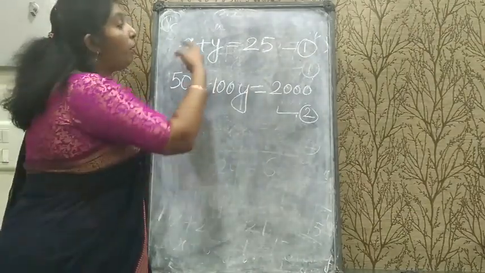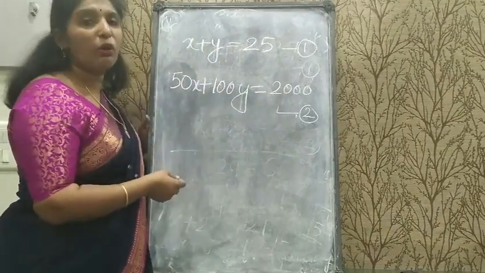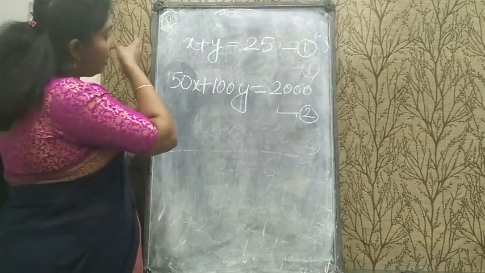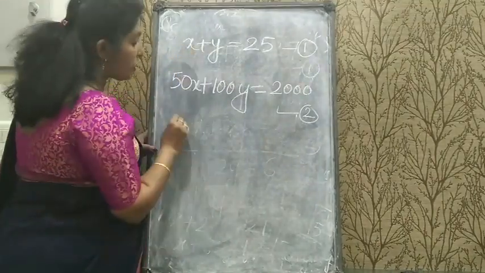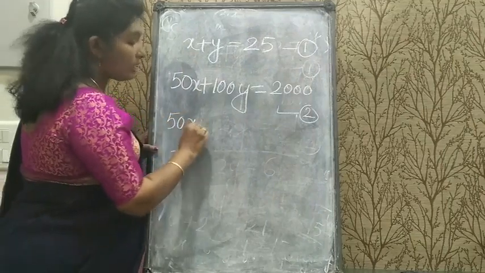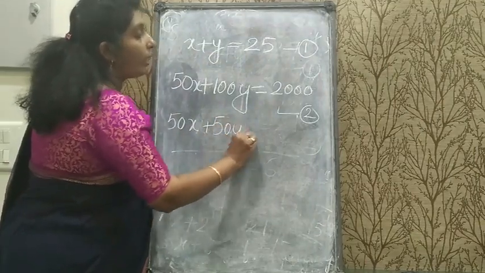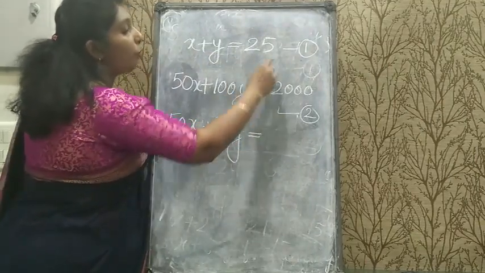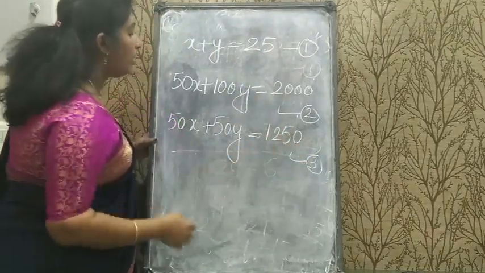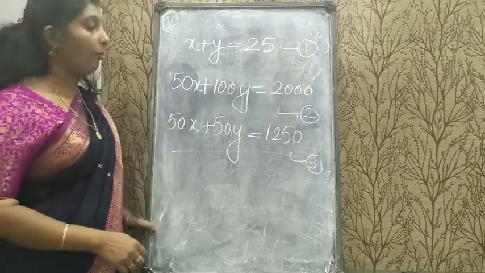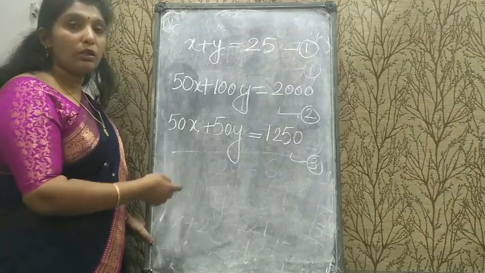Instead of division, we can also multiply the first equation, and that way we can make the coefficient of x or the coefficient of y the same. If I multiply the first equation by 50, it becomes 50x plus 50y is equal to 25 into 50, that is 1250. Here you get the x coefficients the same. Now you know how to solve it by the elimination method.